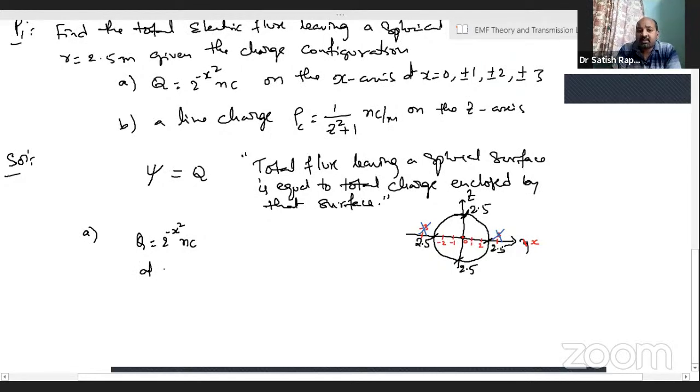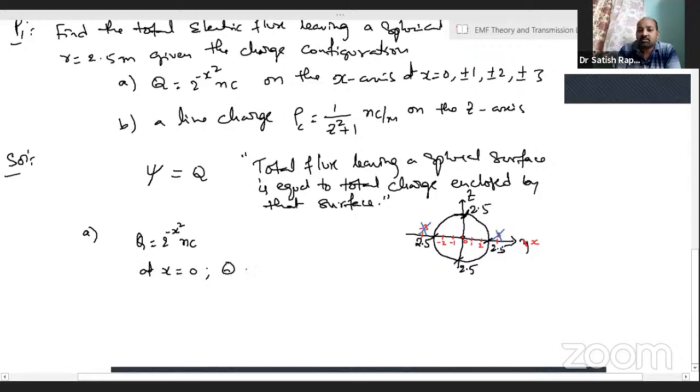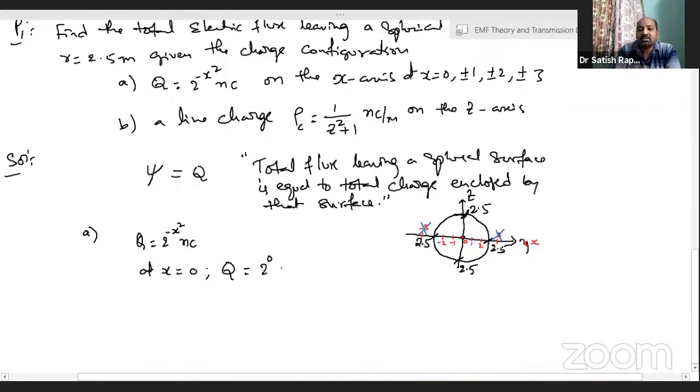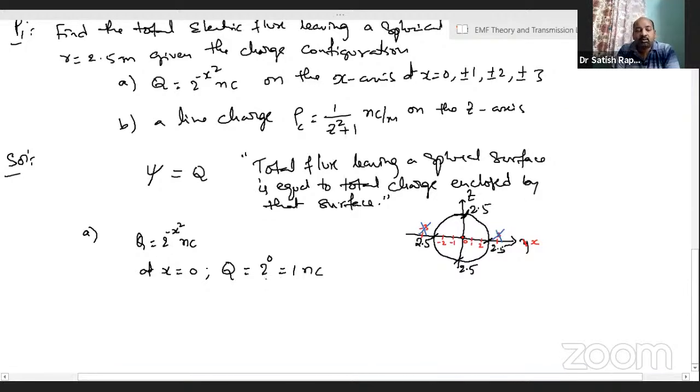So at x equal to 0, what is charge? Q is equal to 2 power 0, right? X is 0, therefore 0, and this is 1 nano, right? 1 nanocoulomb.